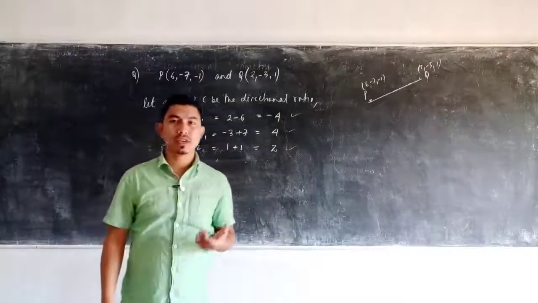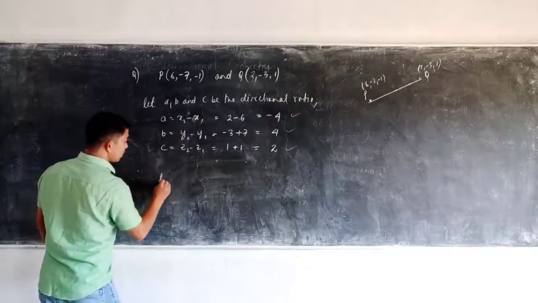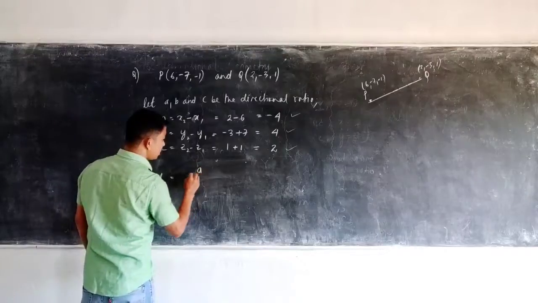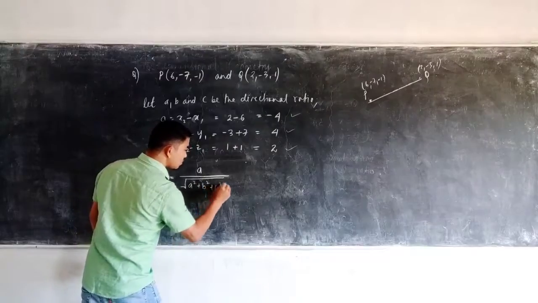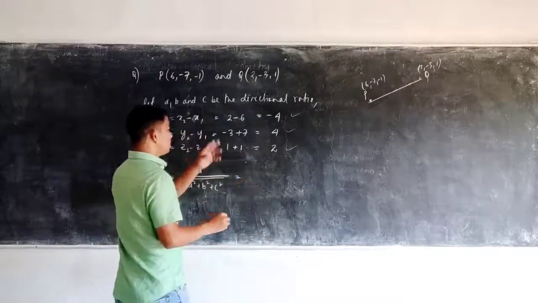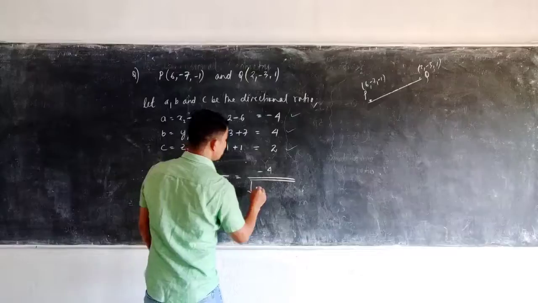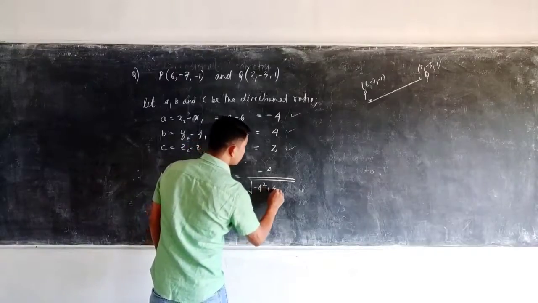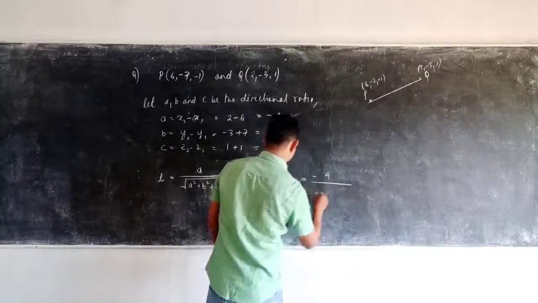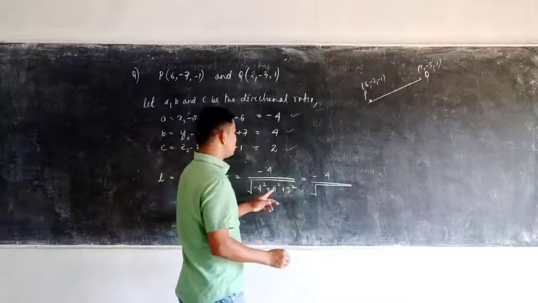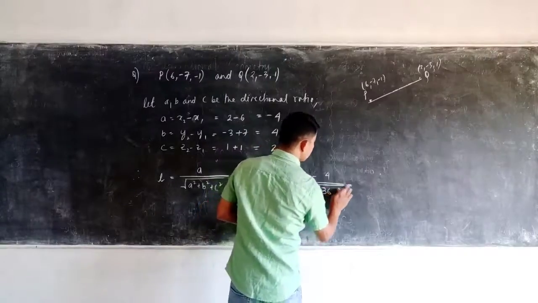Now using the directional ratios, it is very easy to find the directional cosine. For the x, it is L. L will simply be equal to A divided by the square root of A squared plus B squared plus C squared. A is -4, so it is -4 divided by the square root of (-4) squared plus 4 squared plus 2 squared. That is -4 divided by the square root of 16 plus 16, which is 32, plus 4, which is 36.